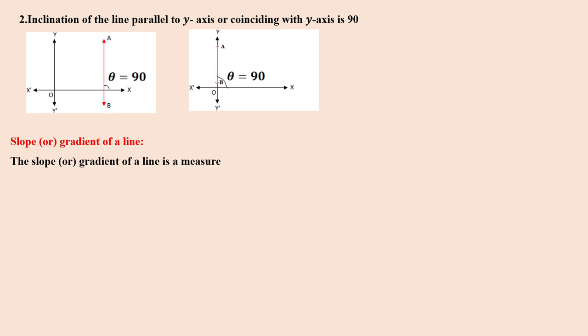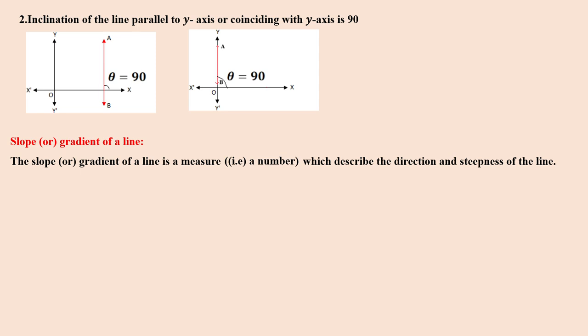Next, slope or gradient of a line. The slope or gradient of a line is a measure, that is a number, which describes the direction and steepness of the line. We know when you are going uphill, we can say the path is very steep, right?